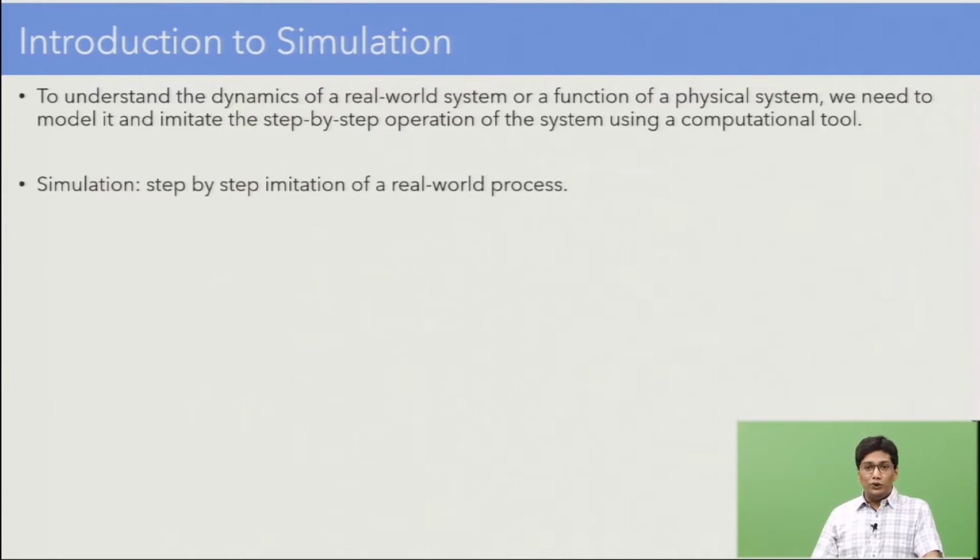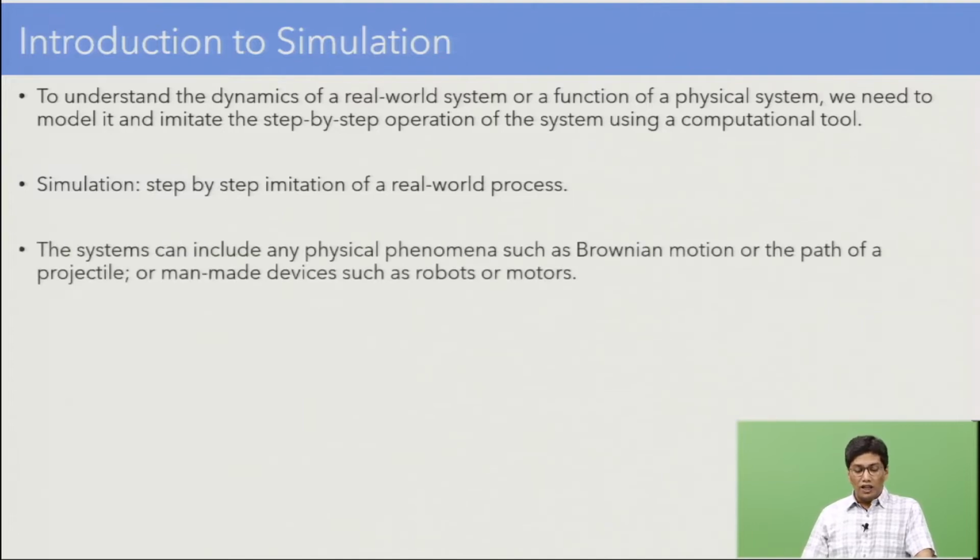If I want to define simulation, I can say it is a step by step imitation of a real world process. These systems can include any physical phenomena, for example, Brownian motion or the path of a projectile, or even man-made devices such as robots or motors.